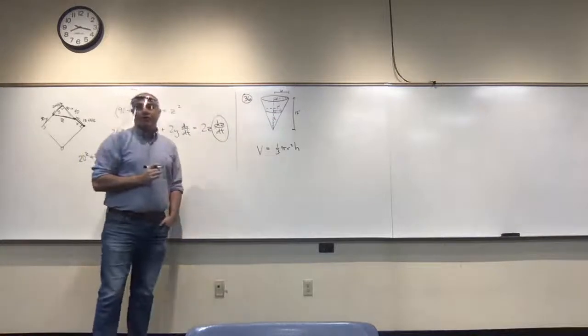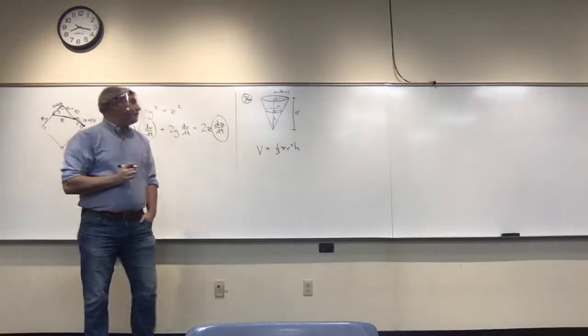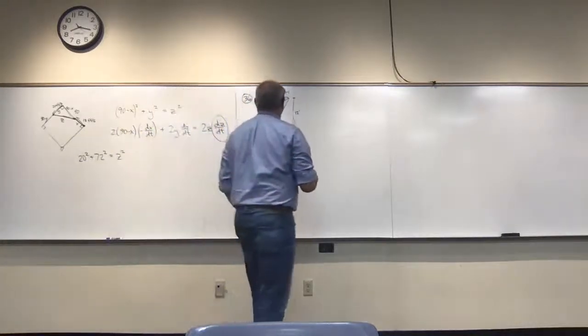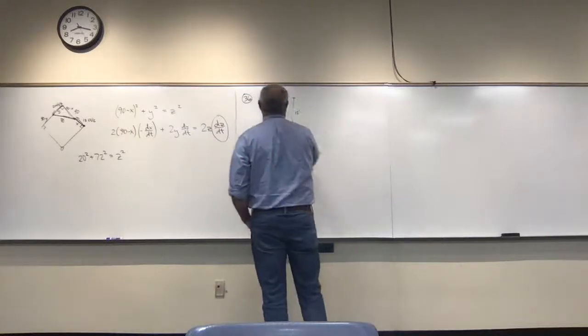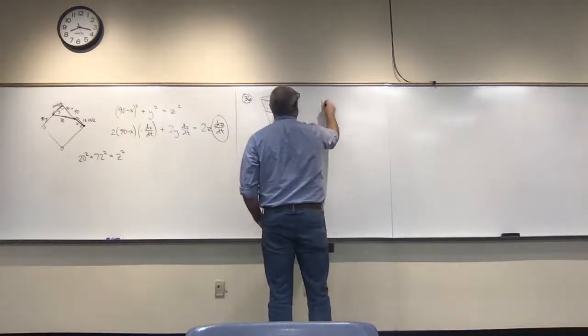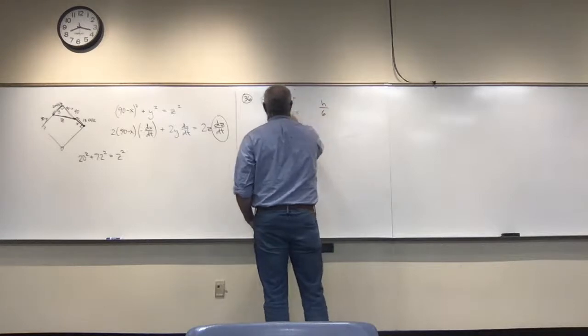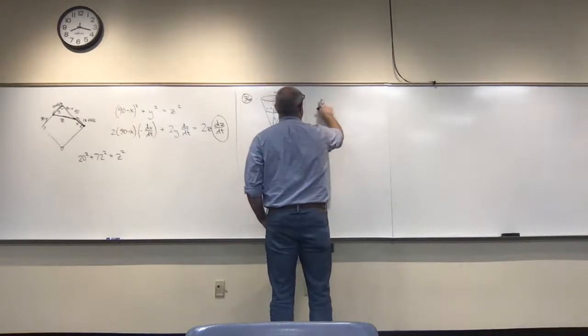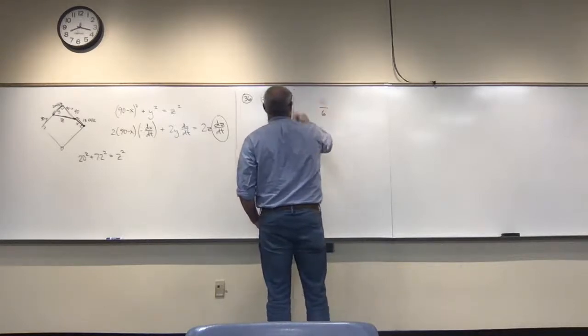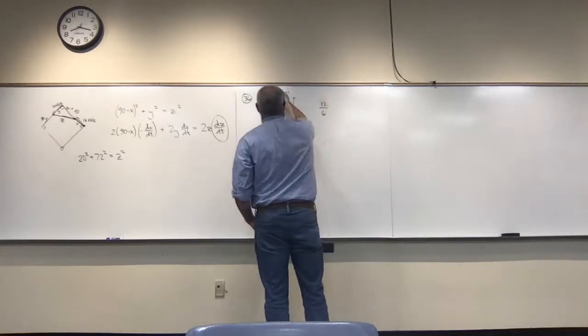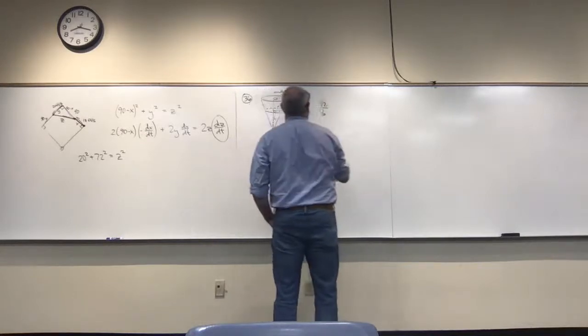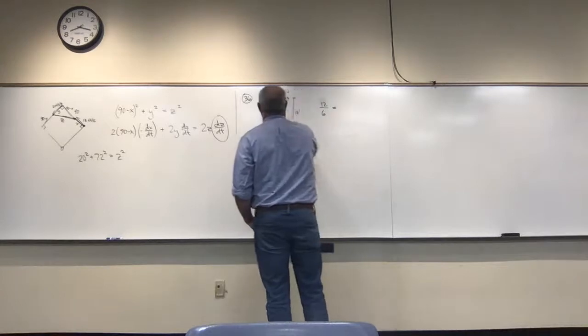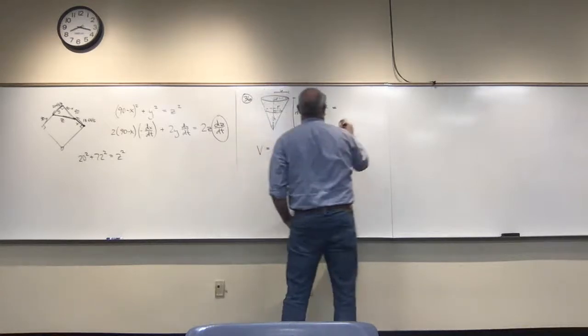Those are similar triangles. So that means I could say something like, wait, not h over 6. That's a lie. I meant to say 12, the height of the big one over 6 should be the same as the height of the little one over r.